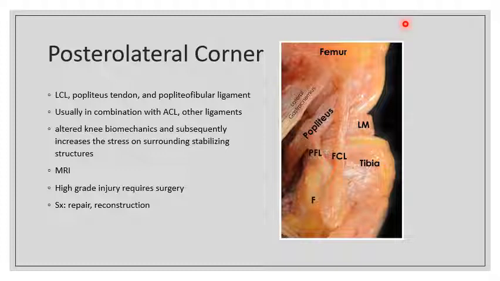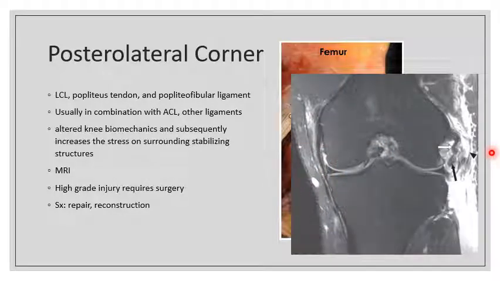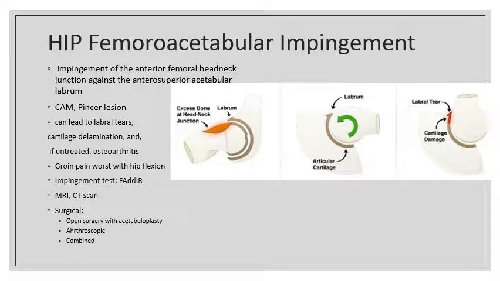So again, they alter your knee biomechanics, so they increase the stress on your surrounding stabilizing structures. On MRI, you can see the separation and some edema as well. If it's high grade, then you need to do some surgery, repair, or even reconstruction.